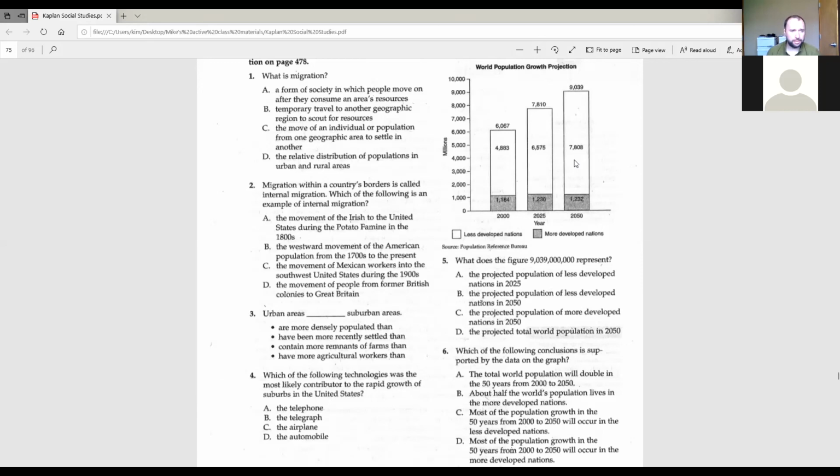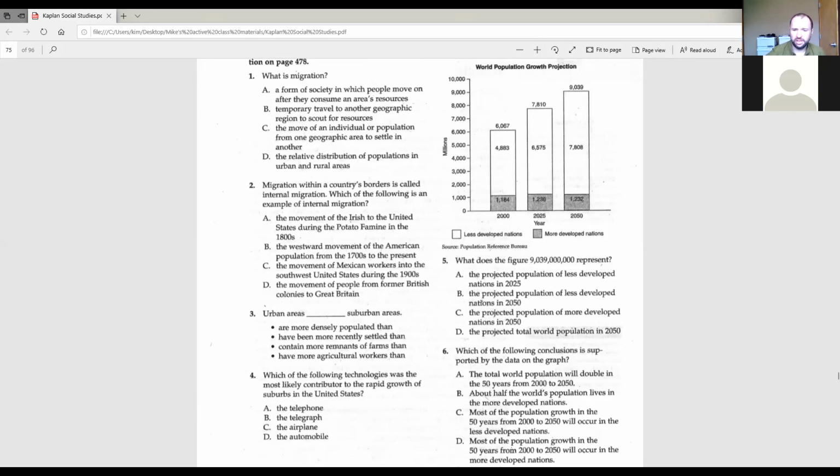Right? And typically when the GED throws you a question like this, where you notice a couple of the answer choices are exactly the same, except for some of the words are flipped around. Like here, this one just has less developed nations. This one says more developed nations. That's usually a red flag that they're trying to hide the right answer, right? So keep that in mind.